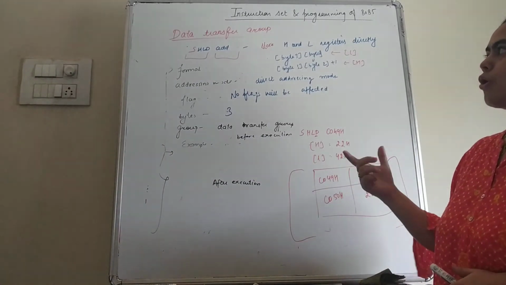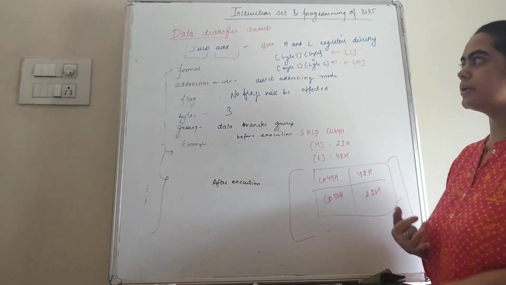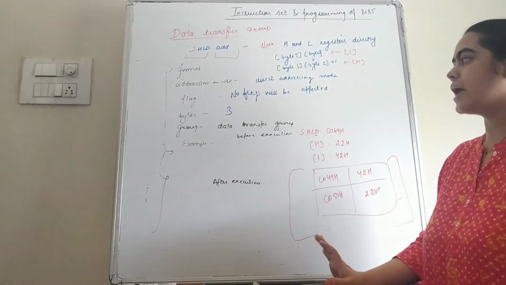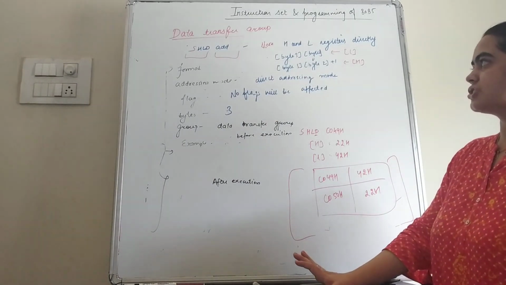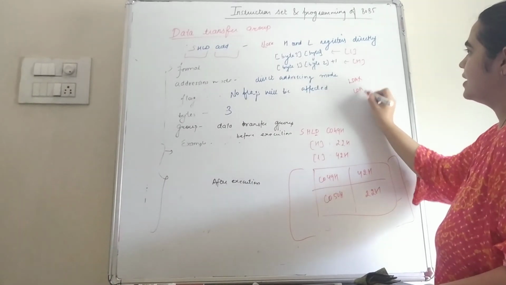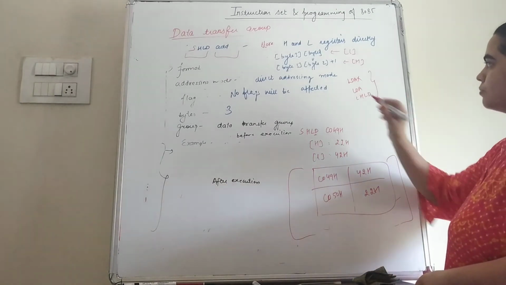So this is all about the data transfer group. Note, students, one important thing: in the data transfer group, no flags will be affected in any of the instructions, and we have mainly LDAX, LDA, LHLD. These can load the contents into the accumulator.